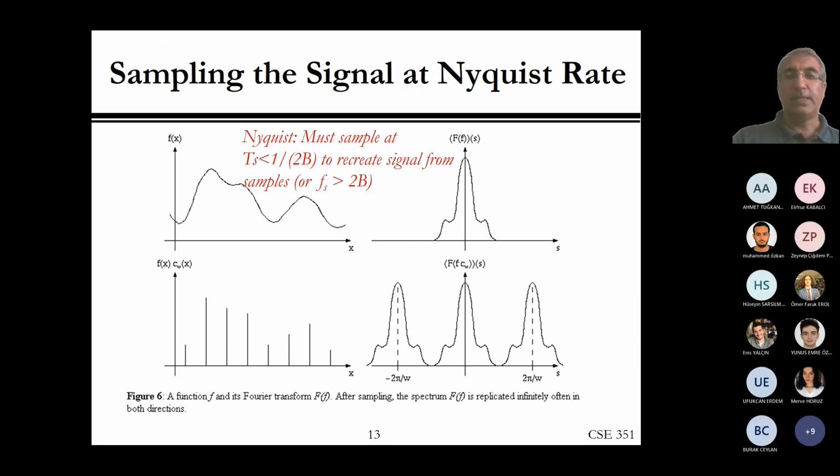Okay, so let's look at the Nyquist rate, which is very important in sampling theory. And that was my original signal that contains the information. If I apply the Fourier transform, let's assume the Fourier transform of this signal looks like this in frequency domain.